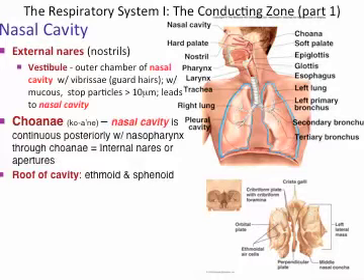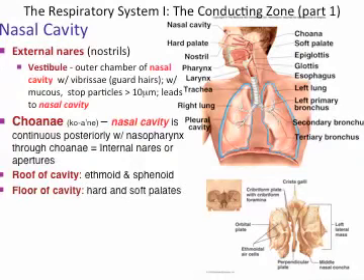You see two eyes, and then you see the ethmoid bone, and the ethmoid bone is enlarged at the bottom right of that cartoon, and you can see the perpendicular plate, the middle concha, and the cribriform plate. That's all 201 stuff.